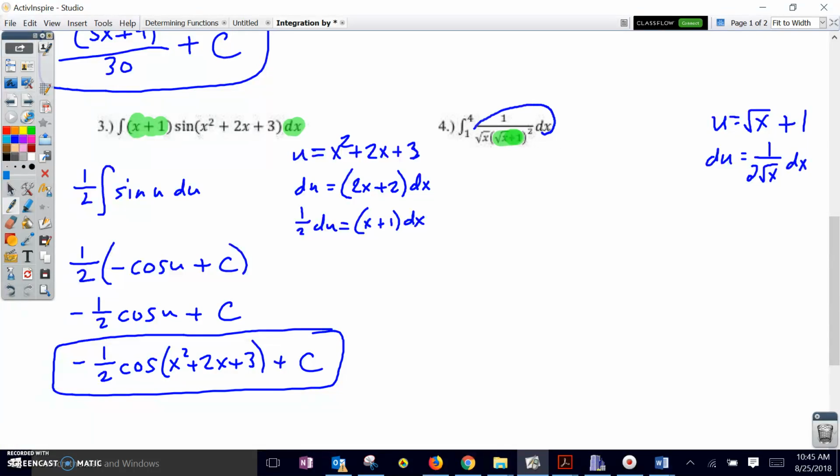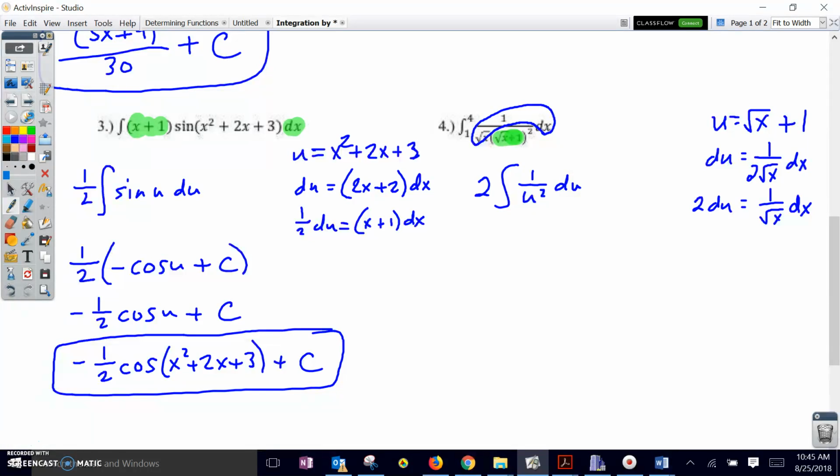And so if I look at everything that's left over here, that's equal to 2 du. So I'm going to replace that with a 2 du. So this turns into 2 times the integral of 1 over u squared du.